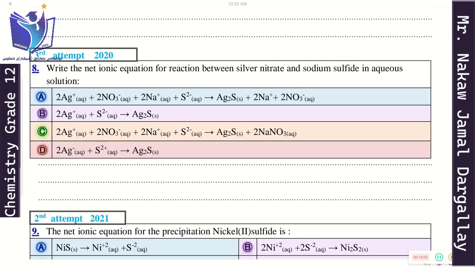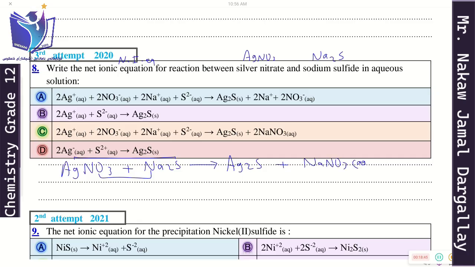Question number 8. Write the net ionic equation for the reaction between silver nitrate, AgNO3, and sodium sulfide, Na2S. AgNO3 and Na2S: Ag with S produces Ag2S, plus Na with NO3 produces NaNO3.